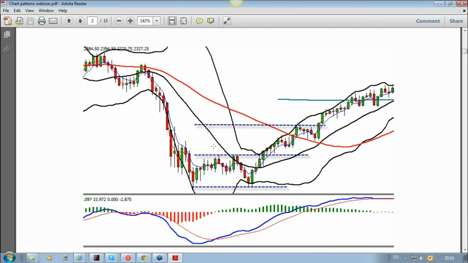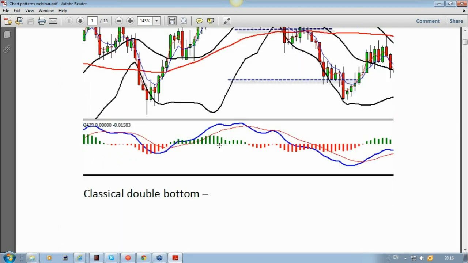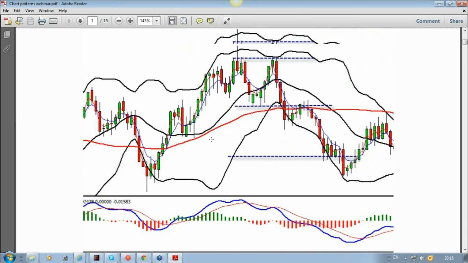By the way, friends, another thing I still didn't say, and we still didn't have a webinar about it, is how to count waves. A double top or double bottom should come at the end of the fifth wave, or after the fifth wave with the first correction.